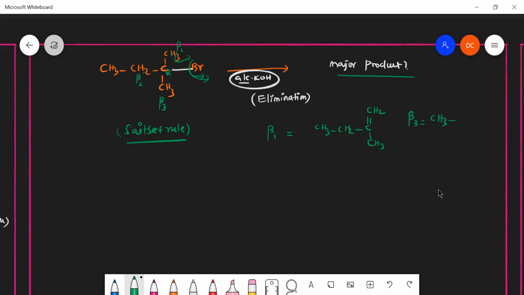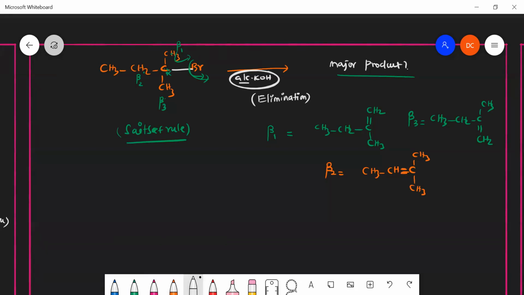So CH3, CH2, C, CH3, here double bond, CH2 for beta 3. For beta 2, what kind of product can I get? CH3, CH double bond, here C, CH3, here also CH3. This kind of product. Is that clear?